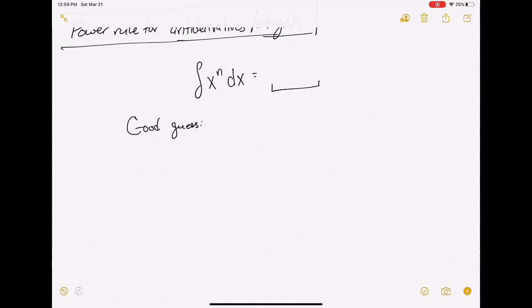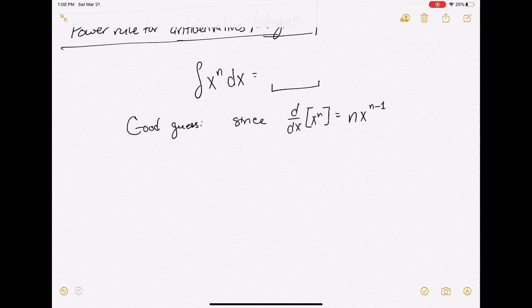and a good guess would be, well, derivatives, we should all remember our power rule by now. The exponent jumps out front, and we subtract the top number by 1.